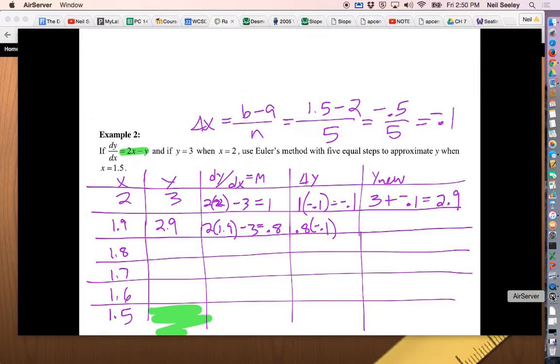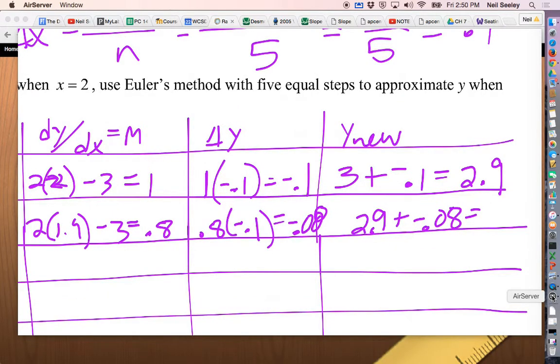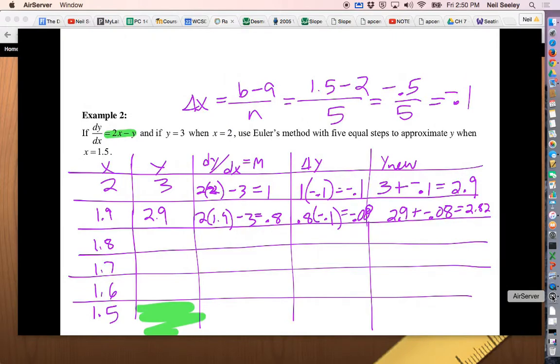And just be bold. It's always going to change by a decimal place on here. That's one way you can shorten this a little bit. And that means 2.9, take away that new delta y, 0.08. 2.82. And it just keeps going. You'll never have one this big again to do by hand, I promise. But it'll get the idea narrowed down.